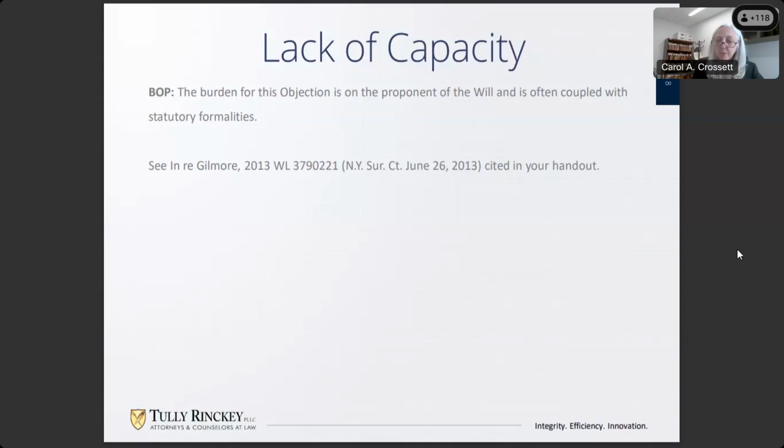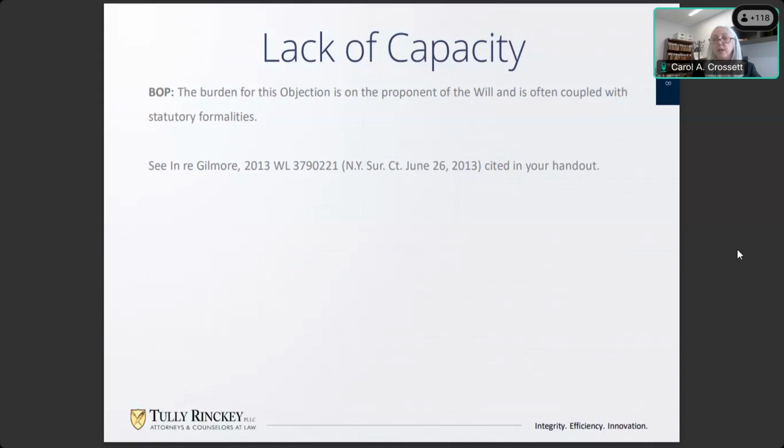And also, there are instances too, and this comes to really factual circumstances regarding certain diseases, Alzheimer's or any other disease. This happened a long time ago. I represented a client who claimed that her son's will was the subject of lack of capacity. He didn't have the capacity to enter into the will or a deed that he had transferred property to. And she also claimed he was the subject of fraud and undue influence.